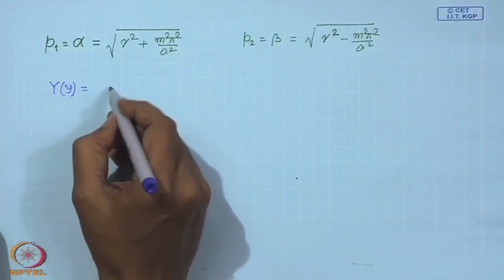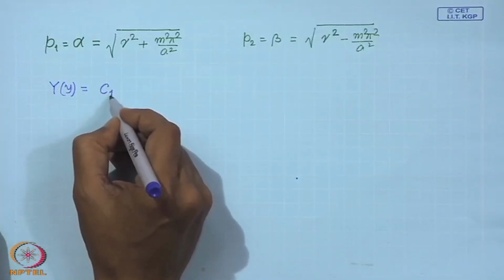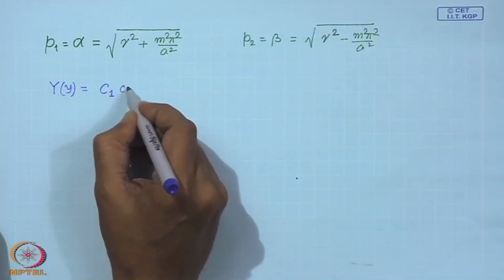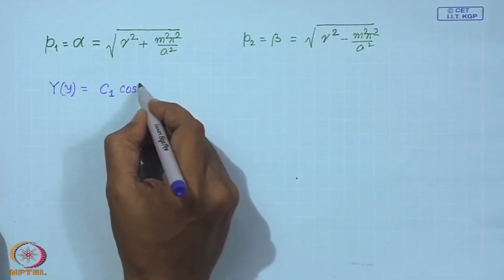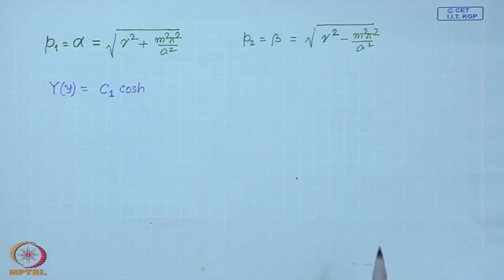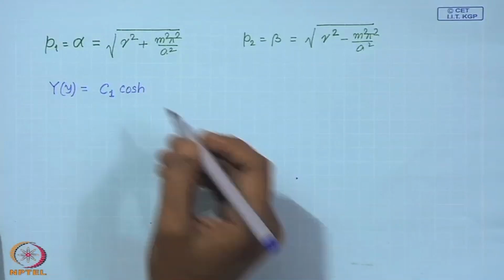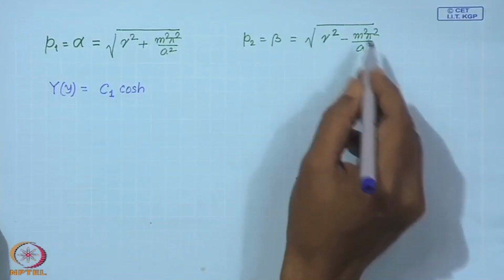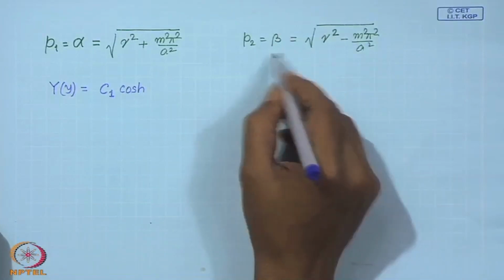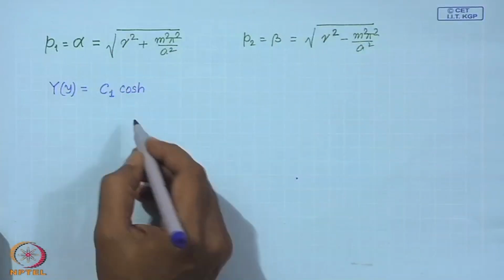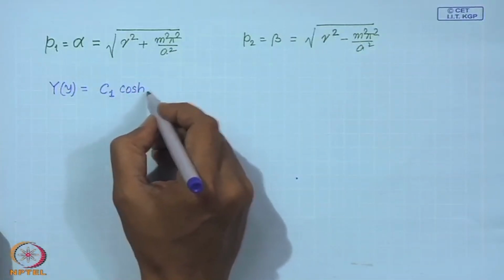y as, so if you define this beta in this form and alpha in this form, then I can write the solution.